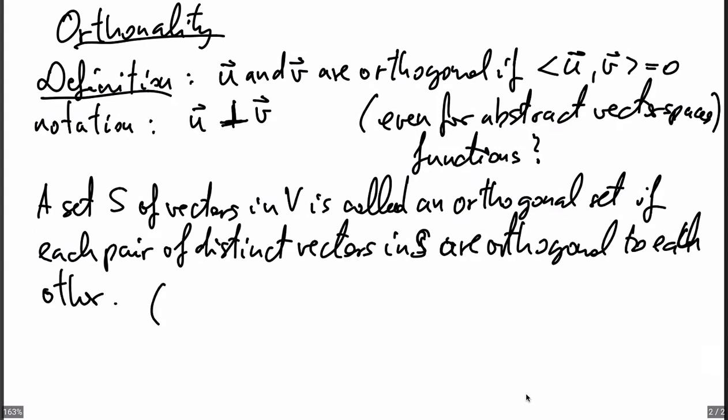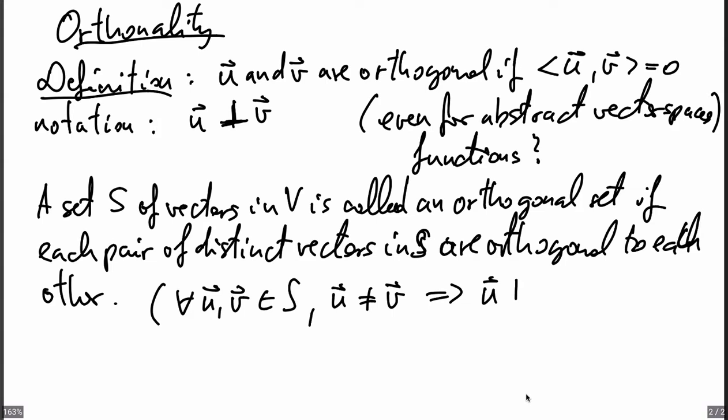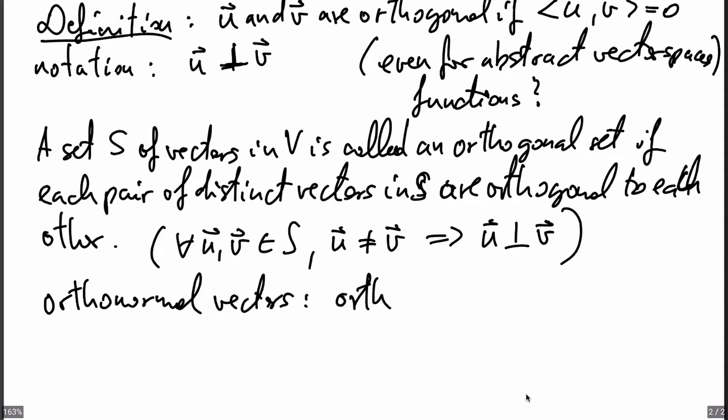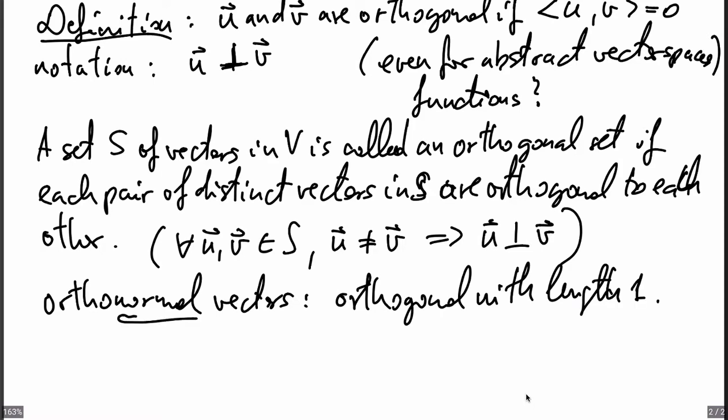So we would write it the following way: for all u, v from S, u not equal to v implies that u is orthogonal to v. We also use many times the definition of an orthonormal set. Actually, let me just write orthonormal vectors. That means orthogonal with length 1. So normal usually means length 1.